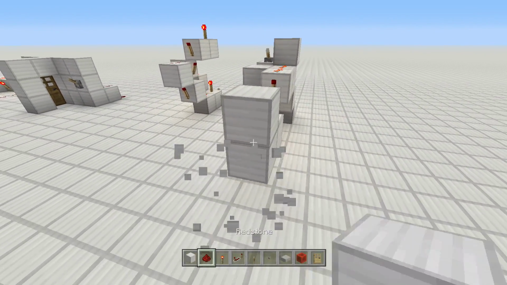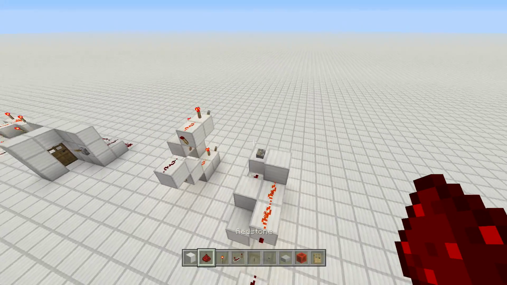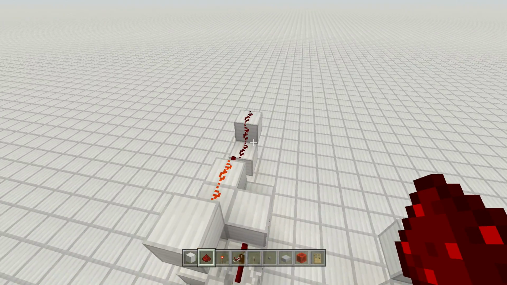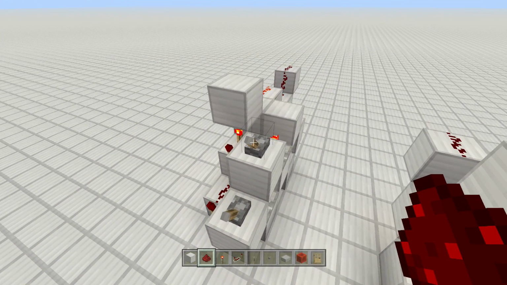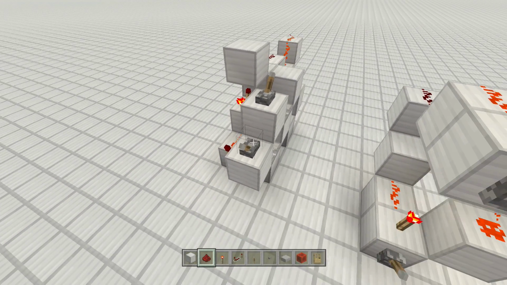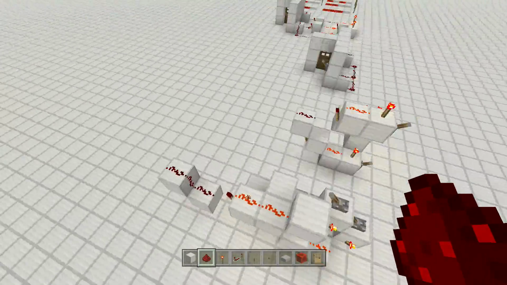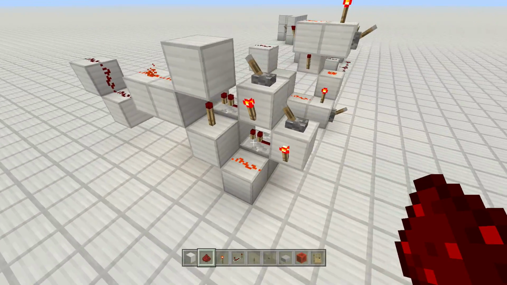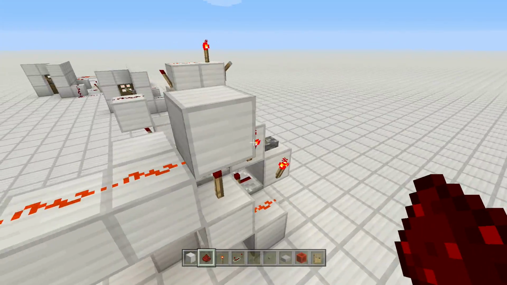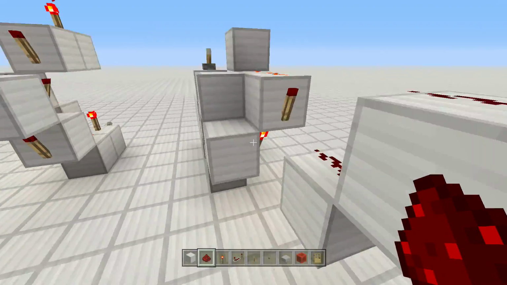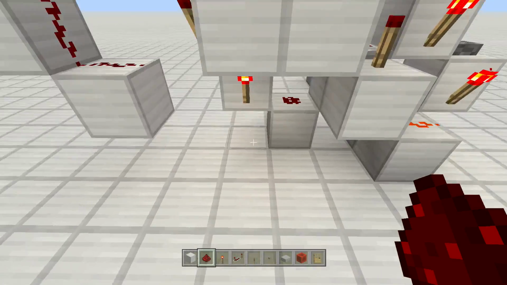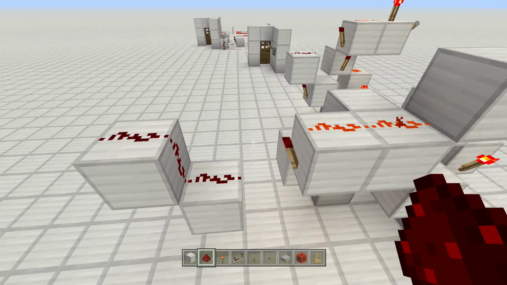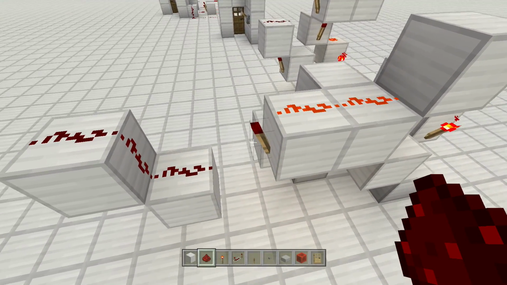Just trying to bring up the wires so that you guys can see when I flip the switches. So this wire right here is my output. One is on, both are on, one is on, both are off. This, I believe, is a 3 tick XOR gate.